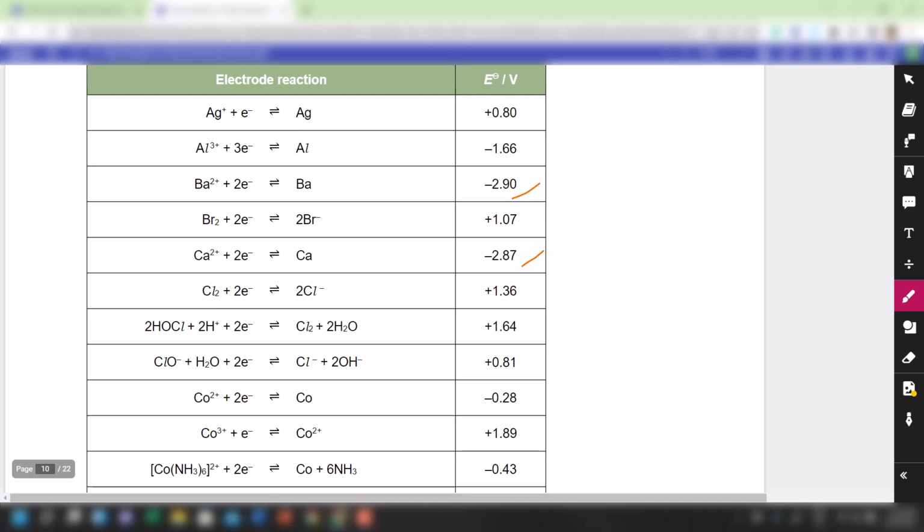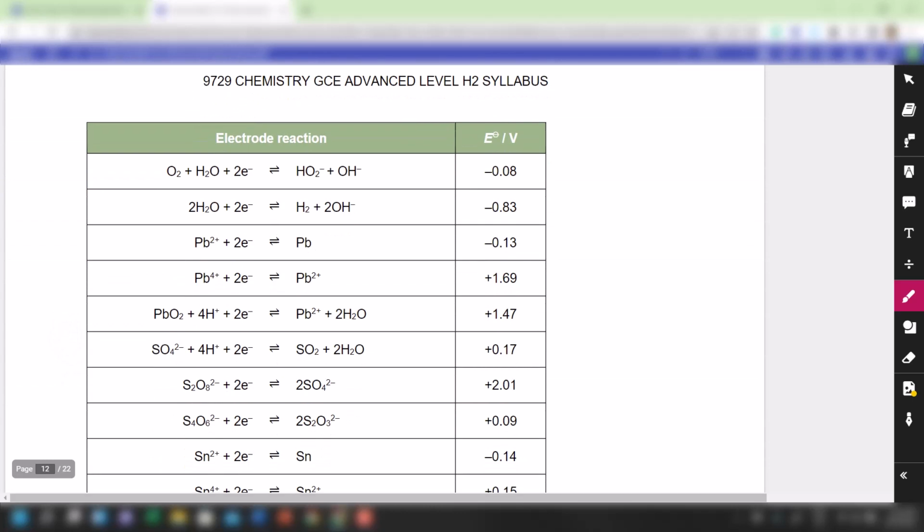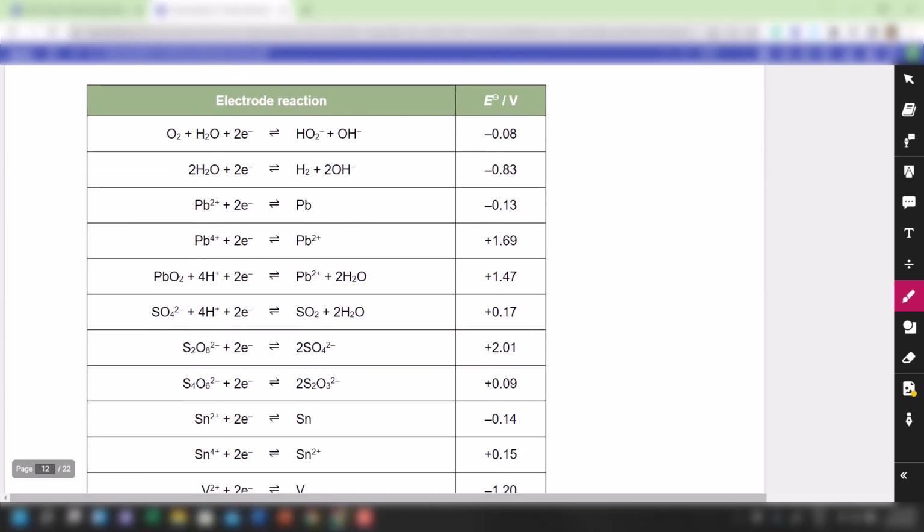We are comparing it with the standard reduction potential of water to H2. The standard reduction potential of strontium to strontium is likely to be more negative than that of water to H2. Because of that, I expect water to be preferentially reduced to hydrogen gas at the cathode, rather than strontium metal being reduced at the cathode.